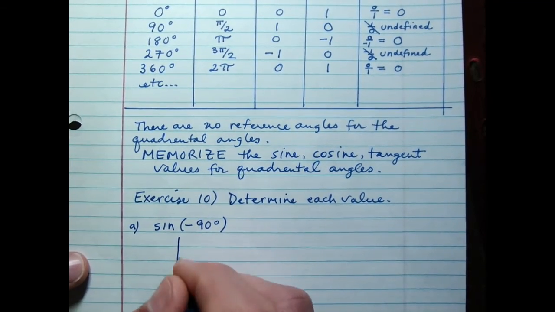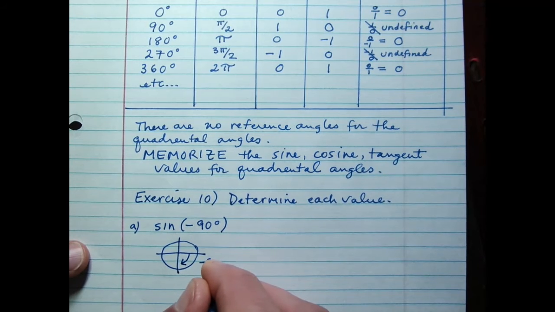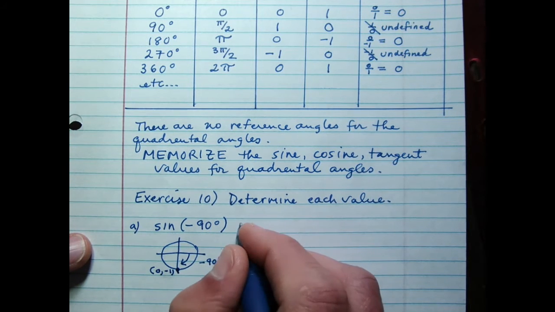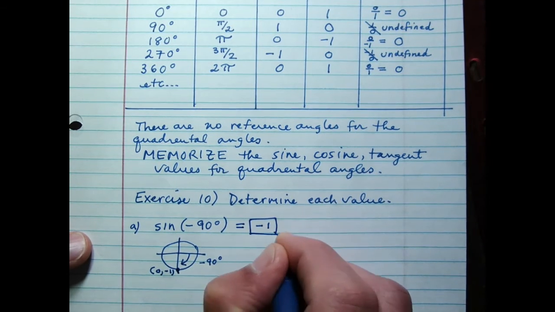Well, I can quickly draw a unit circle picture. Negative 90 degrees in standard position is like so. I know it intersects the unit circle at 0, negative 1. And the sine will be the y-coordinate of that point of intersection. So sine of negative 90 degrees is negative 1. It's that easy.